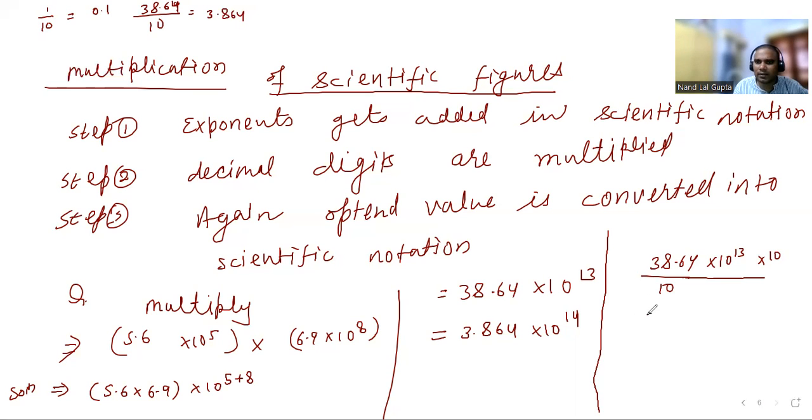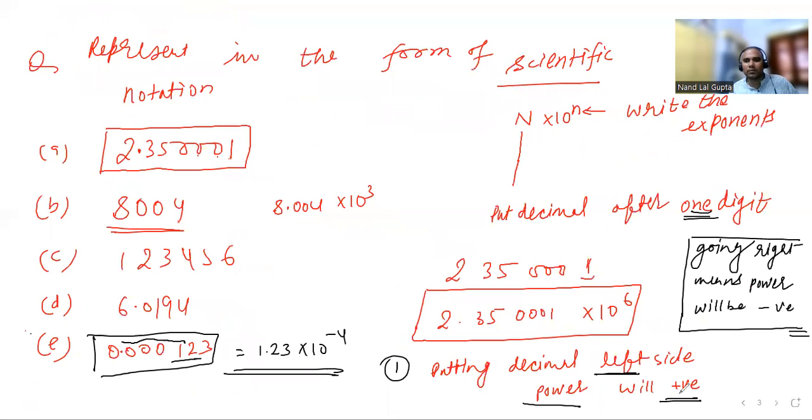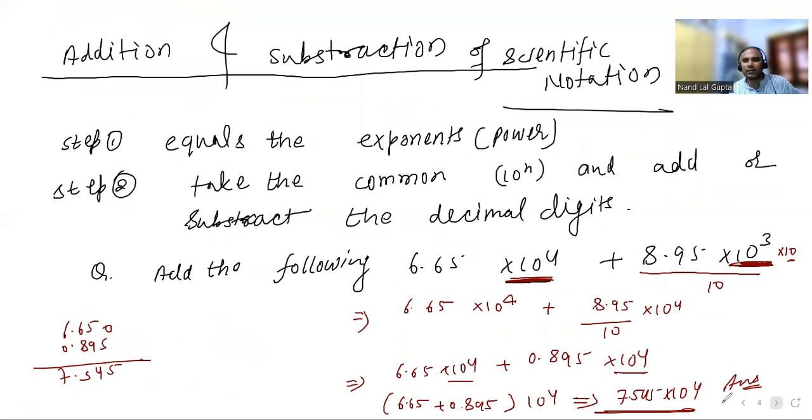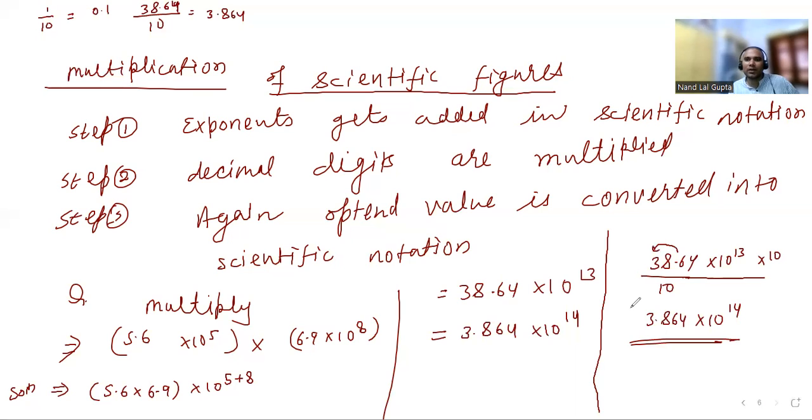So here I am writing 3.864 into 10 power. Now tell me, 13 and this 1, how much will it be? 14. If you are moving the decimal to the left side, the power will be positive. Yes or no? Here I wrote this. Putting the decimal left side, the power will be positive. Got it? Yes, sir. Okay.